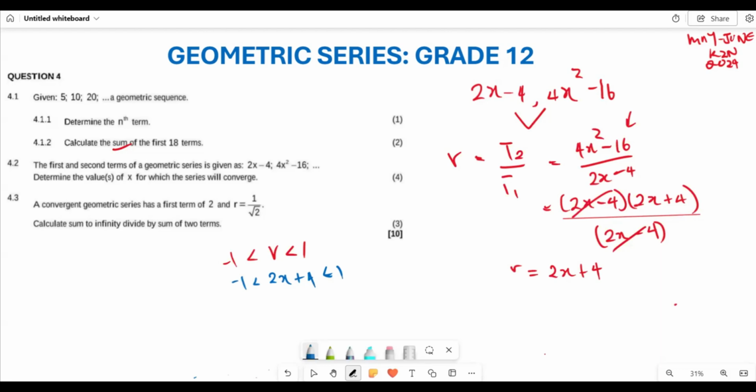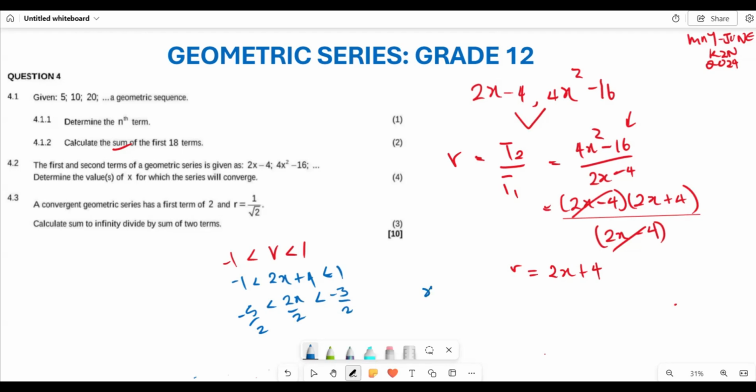Now we are going to solve for x here. And when we are solving for x, what is it that we are going to do? We are going to start by transposing the 4, right? So when you transpose the 4 this side, this is same as -5 less than 2x. Now this is going to be less than 1 subtract 4. What is 1 subtract 4? This is -3, right? Now this is divided by 2, this is divided by 2, this is divided by 2, right?